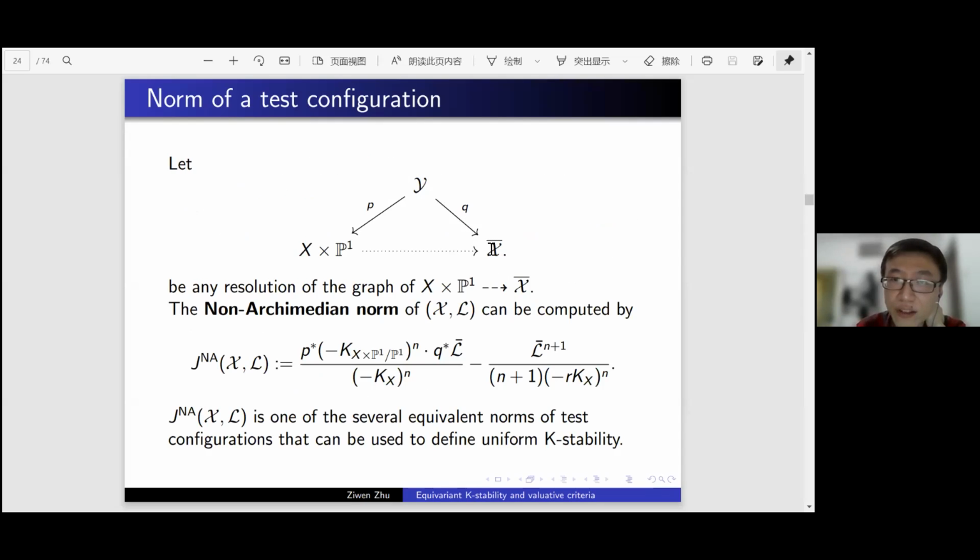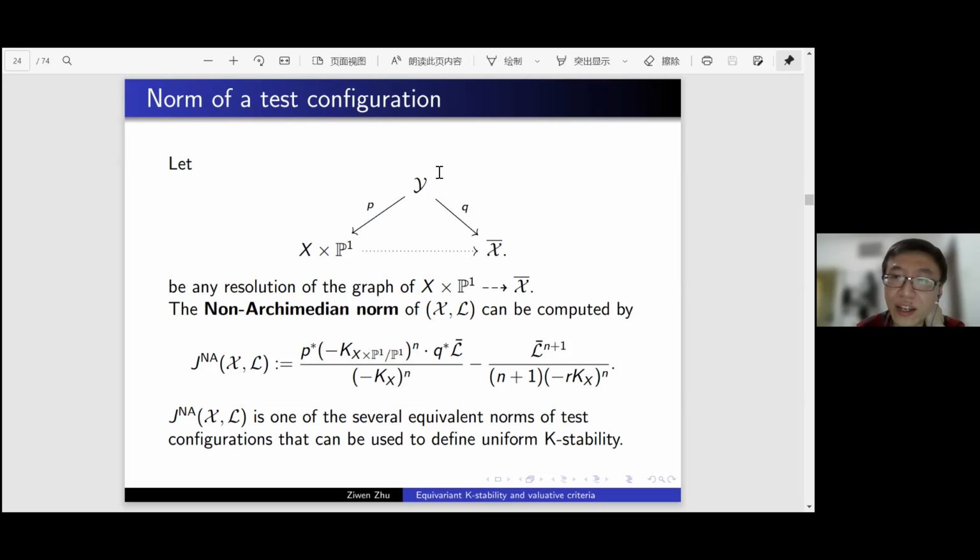If I have a test configuration, and upstairs I have a test configuration dominating this one, and if the polarization on Y is coming from the pullback of the polarization on X, then I think we have the comparison of the generalized Futaki invariant in the favorable direction, so it's enough to just consider test configurations upstairs.